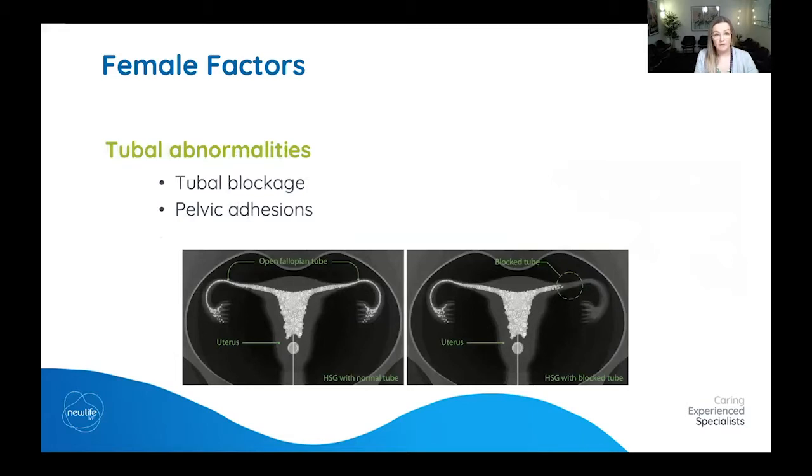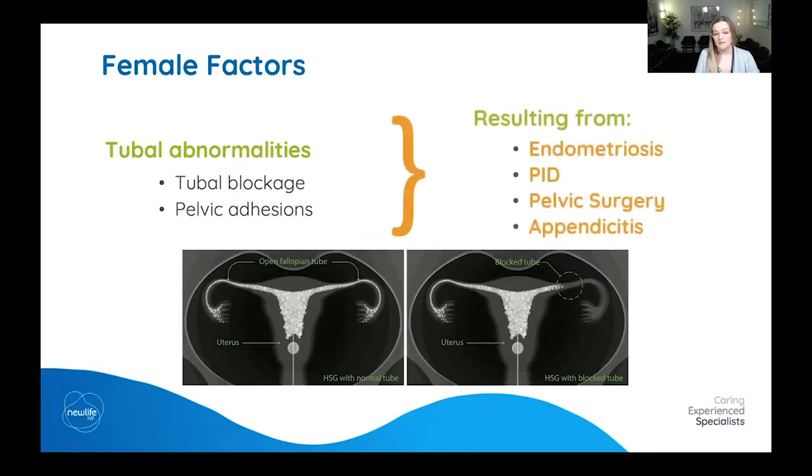Next, we have tubal abnormalities, which can either be in the form of a tubal blockage or pelvic adhesions, which actually impair tubal function by reducing their mobility, so they're unable to freely pick up the egg after it's released. These can be caused by endometriosis, pelvic infections, prior pelvic surgery, or a previous episode of appendicitis.